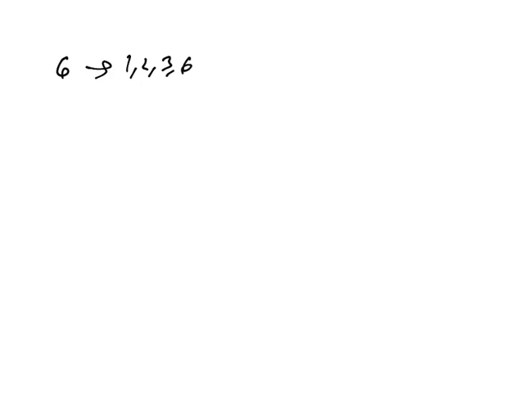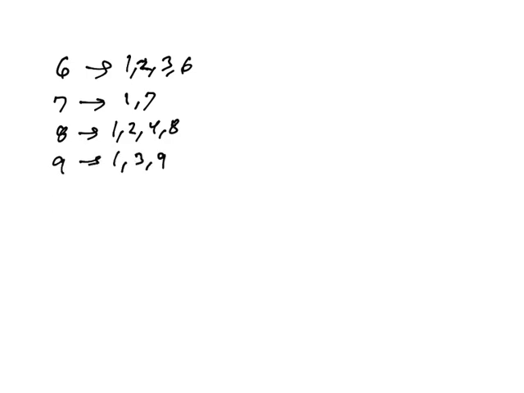And when you get bigger numbers, like 7, you might think a bigger number has more factors because there's maybe more things that can go into it. But 7 only has 2 factors, and 8 has 4 factors again. But 9 only has 3 factors, and 10 is back up to 4 factors.